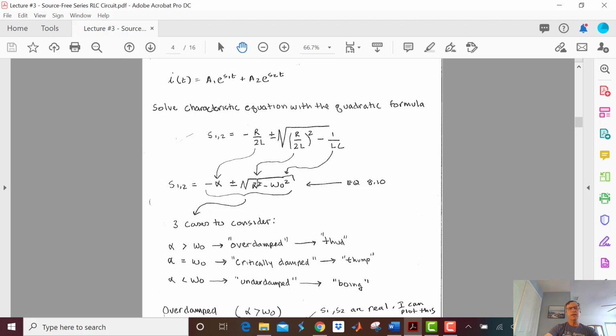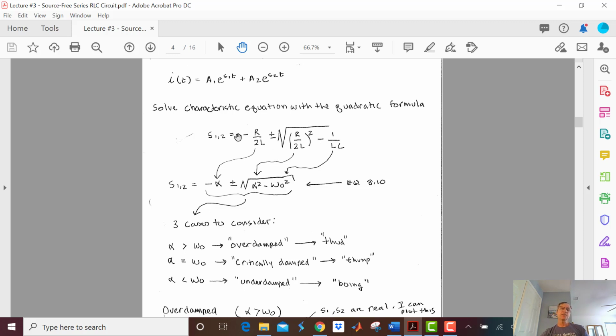So if alpha is greater than omega naught, S1 and S2 will both be real numbers. And they will always be negative, but we'll go there later.